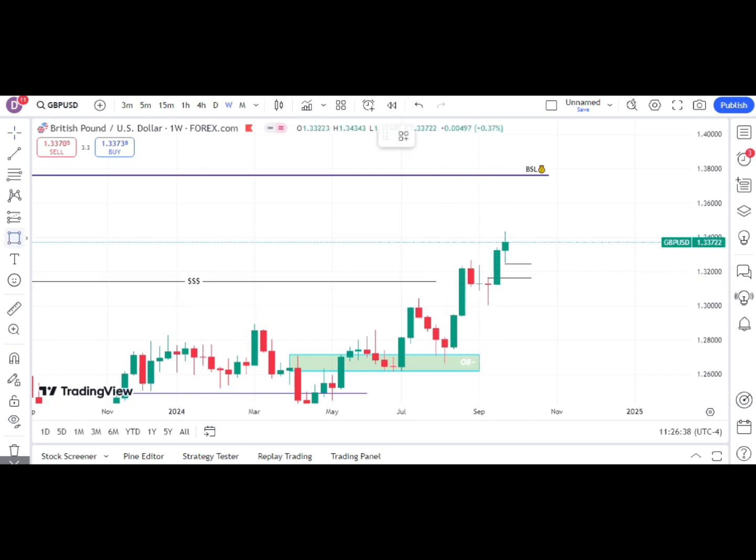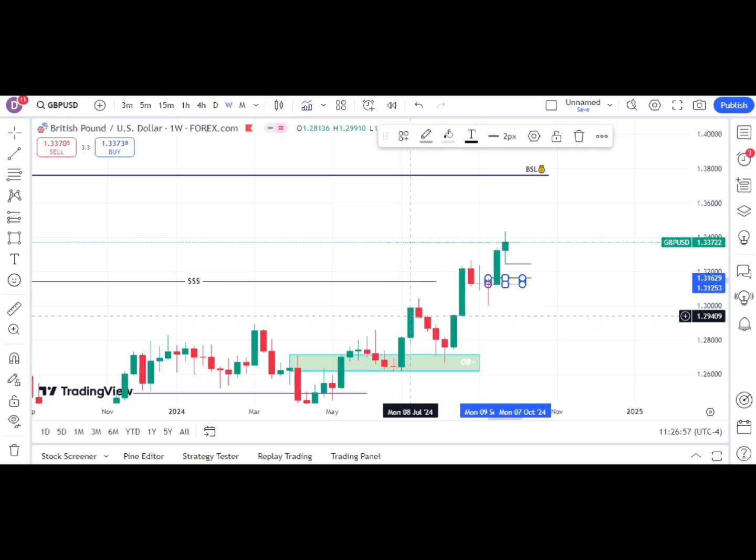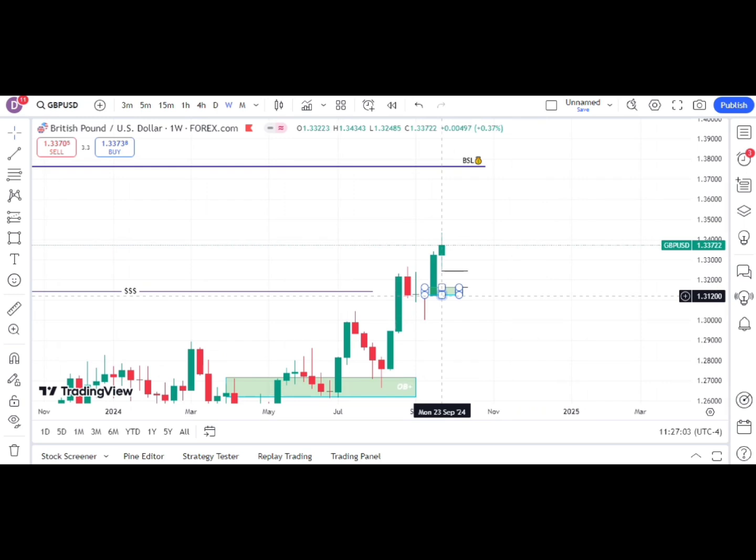So for this week, I might be looking to do what? We might see price for the first couple of days sell just to mitigate our order block, our weekly order block right here. So probably price will come mitigate this order block.